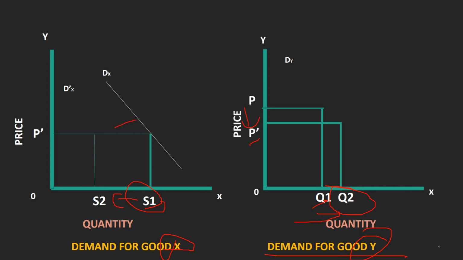Then the demand curve shifts to the left. So this is our new demand curve, shifted from DX to D dash X. This new demand curve is caused by the fall in price of good Y. And this is good Y's demand curve. So this is the basic demand curve, but the price of good Y affects the quantity demanded of good X. So that is cross elasticity of demand.